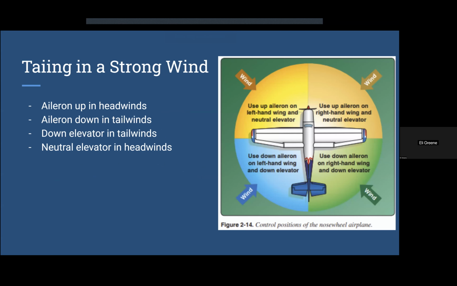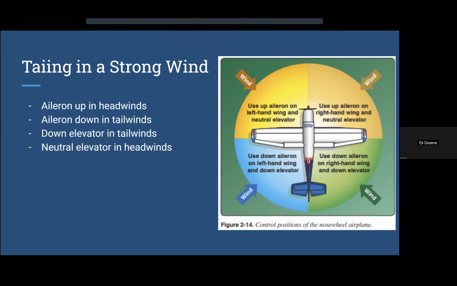So now we're going to talk about taxiing in strong winds. In general, if the wind is coming from in front and to the left of you, use up aileron on the left-hand wing and neutral elevator. So up aileron would mean that you turn the yoke to the left, and then neutral elevator.